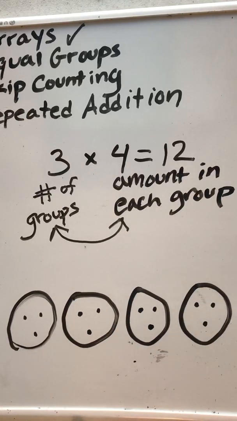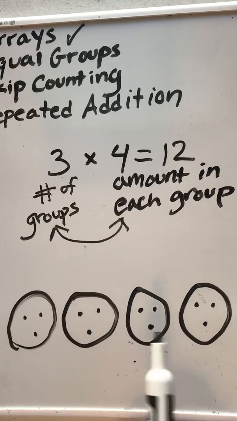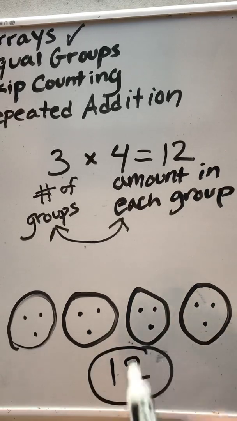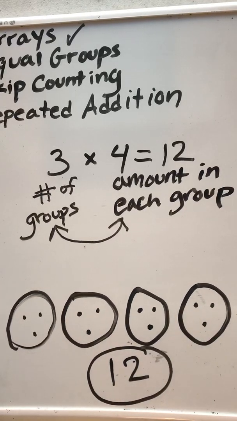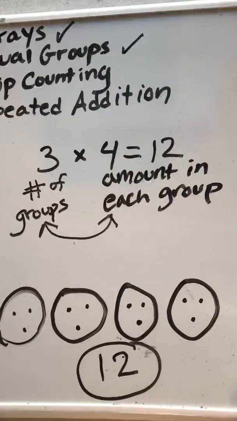And if I count them all up, I could go one by one, but I'll use my math facts. 3 plus 3 is 6, 6 plus 3 is 9, and 9 plus 3 is 12. I keep getting the same answer, just using different strategies. There we used equal groups.